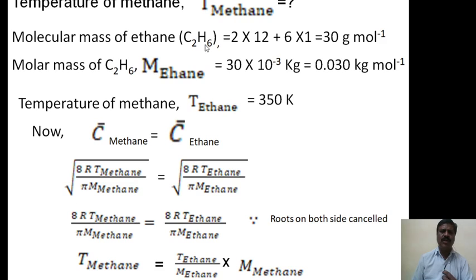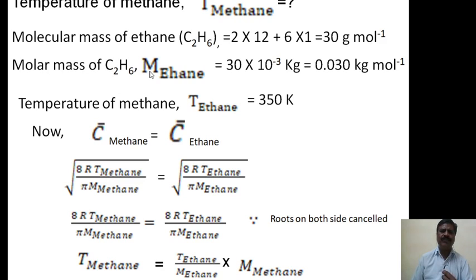That means 2 atoms of carbon, therefore 2 into 12 plus 6 into the atomic mass of hydrogen, which is 1. Therefore, we get 24 plus 6, which is 30 gram per mole, and this will be converted into molar mass.